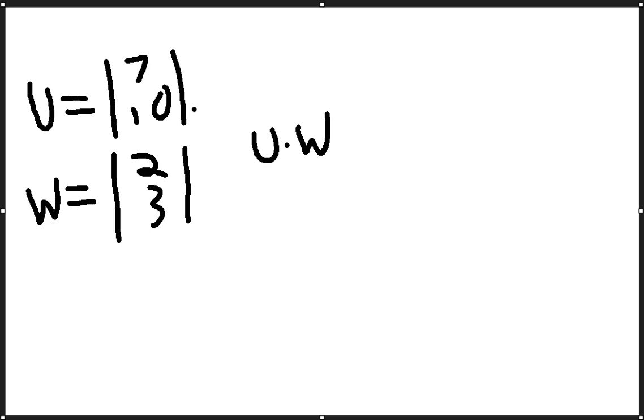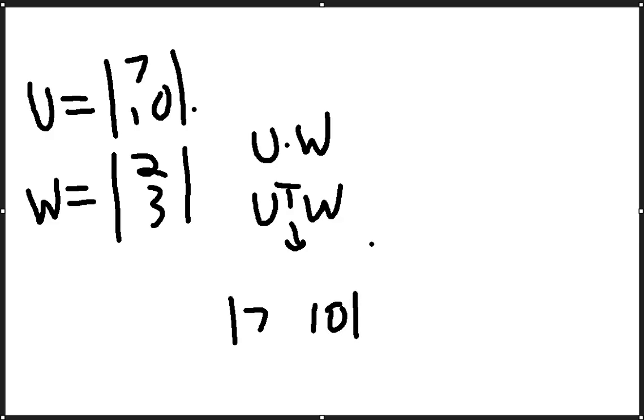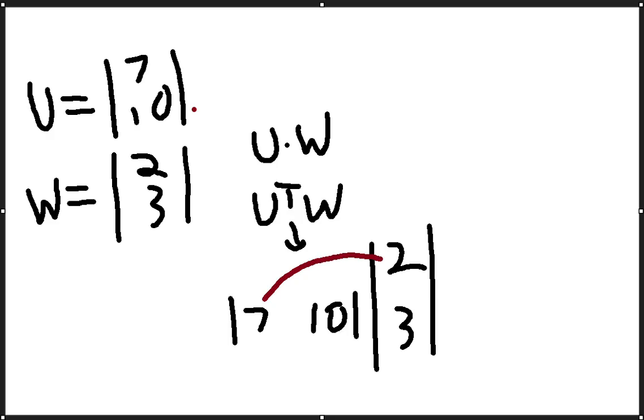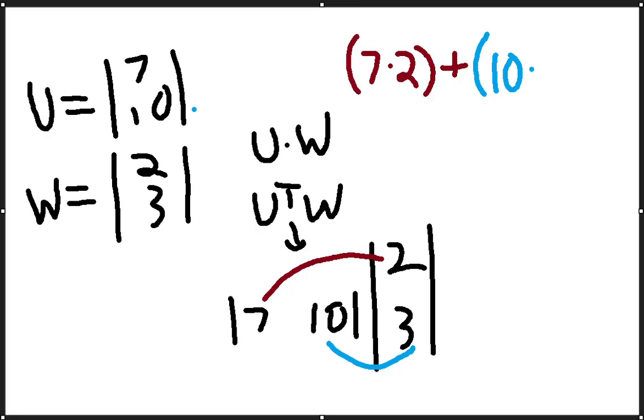Well, that would just be U transpose times W, which in this case would be 7, 10, and then 2, 3. And obviously, we can link these together, so it becomes, let's say, 7 times 2 plus 10 times 3.